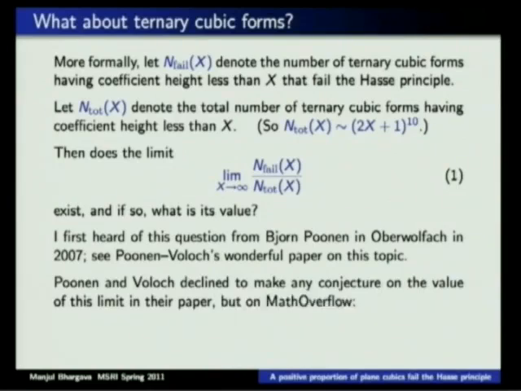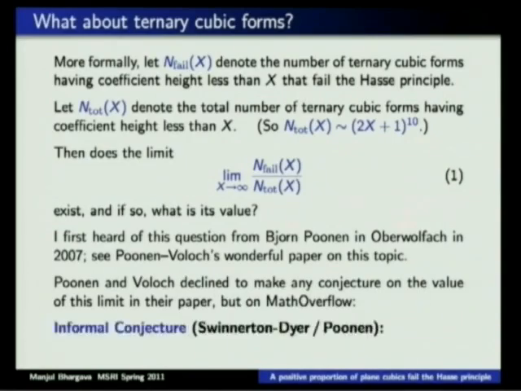But on MathOverflow, this is where you really find out what people are thinking. On MathOverflow, Bjorn did make this informal conjecture, which he attributes to Swinnerton-Dyer, but he gives some heuristics for why he would also guess this to be true. He guessed that the limit should be 0. So the proportion of all integral ternary cubics, ordered by coefficient height, that fail the Hasse principle should become negligible as x goes to infinity, should be 0.